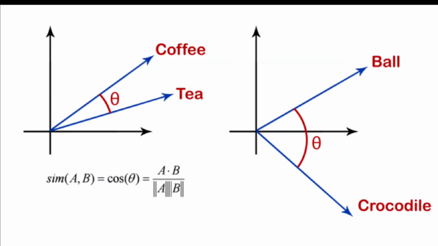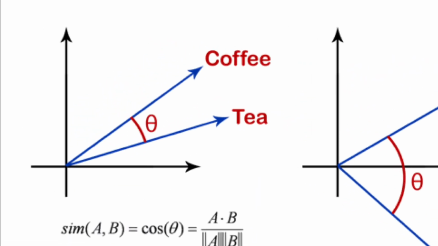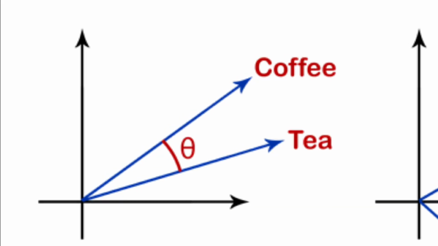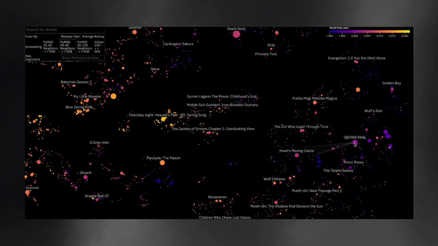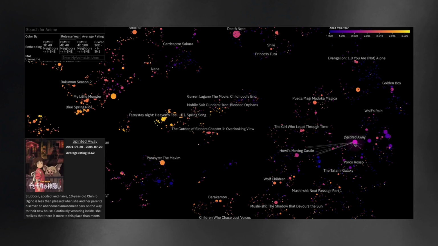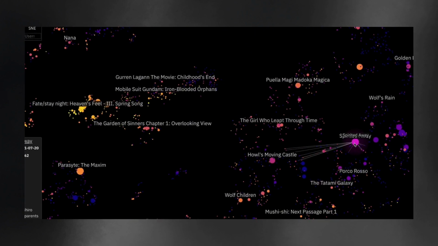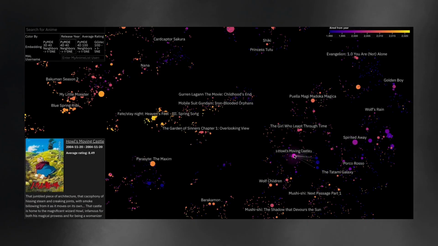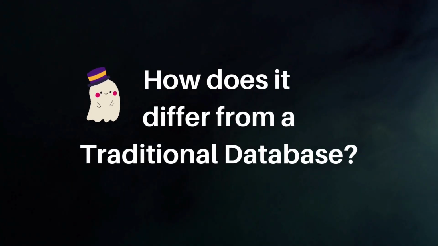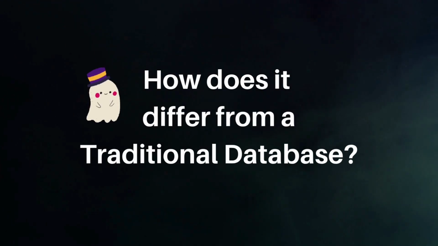Two descriptions that mean similar things will have embeddings that are close together in vector space. If we look at the animated film Spirited Away, it's closer to Howl's Moving Castle because they're both made by Studio Ghibli.